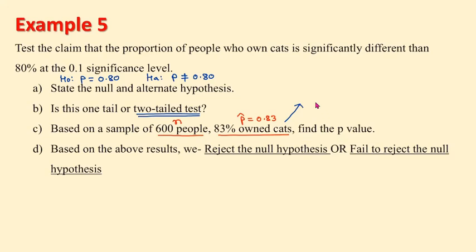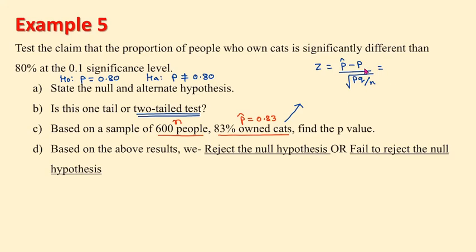Because it is the proportion, the test value will be z. So z is equal to, our formula is p hat minus p divided by the square root of pq over n. Hold on, here it should be p minus p hat or p hat minus p.